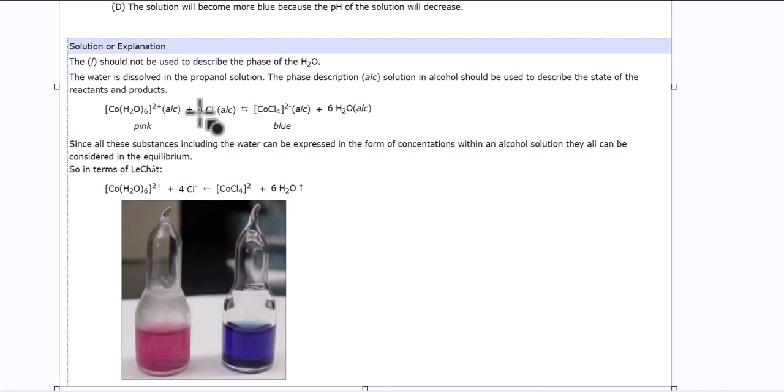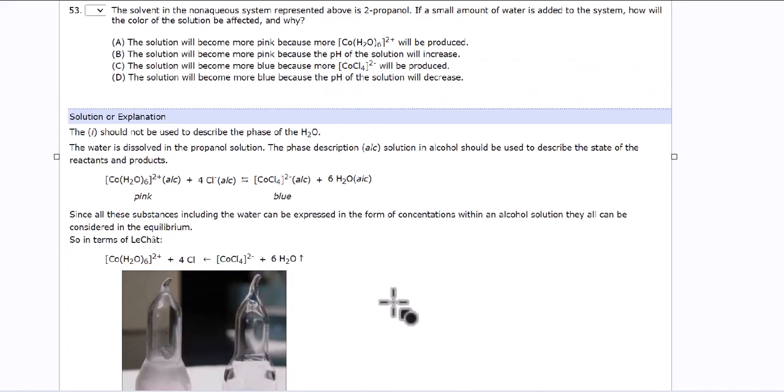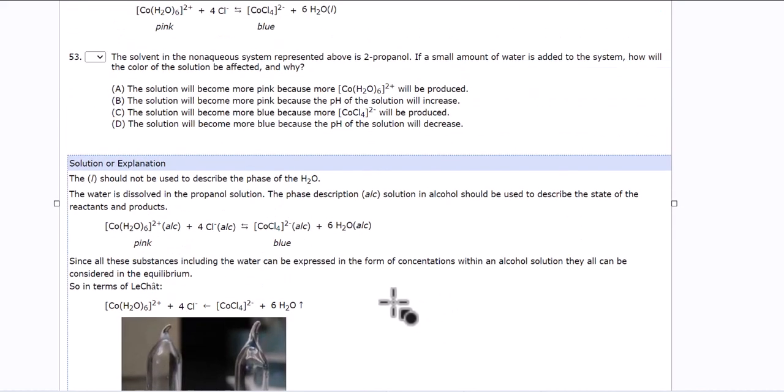If you heat it, you'll push and make this blue, which is this reaction. In this case, if they added some water, it increased this and changed this from blue to pink. So our one exception is you have to watch out for water in non-aqueous solutions. Okay, that was a multiple choice question and a long explanation because I wanted to tell you about limestone and why it doesn't evaporate.